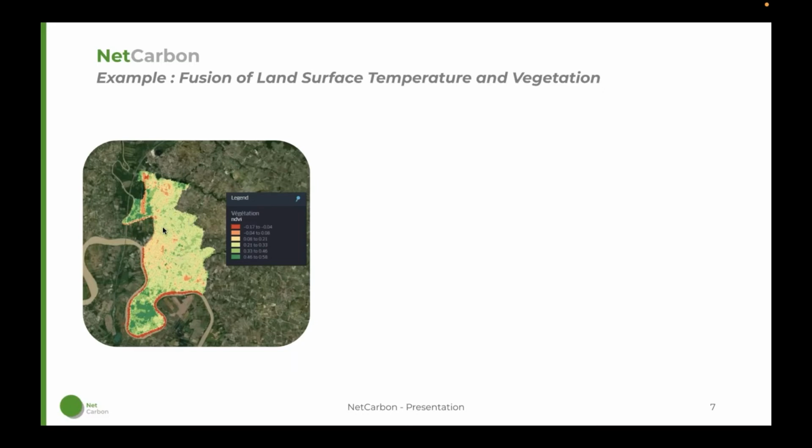But here we have the vegetation. Mostly we have the NDVI, and the NDVI is based on the Sentinel-2 data, because we have data at 10 meters, but we can imagine exactly the same with PlanetScope at 3 meters. And based on this data, we will have the NDVI at one specific day.